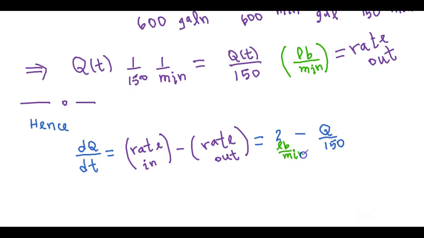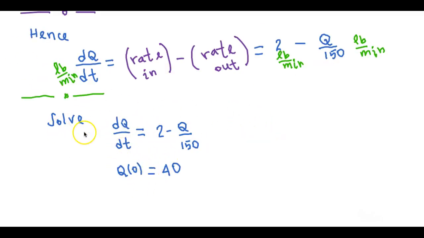Those were the units we obtained for rate in, and the rate out also has units pounds per minute. So checking that the units are consistent is important, because since we're subtracting these two things, the units of the rate of change are still in pounds per minute as expected.